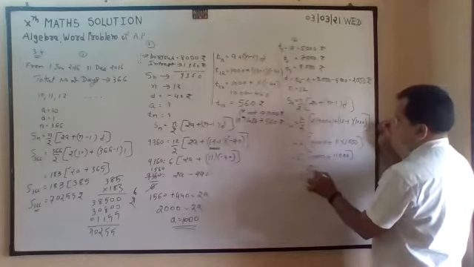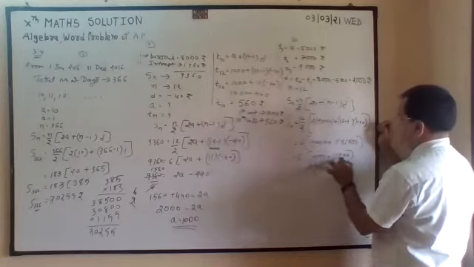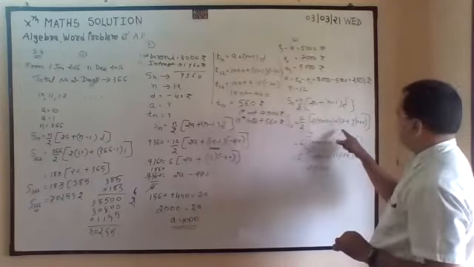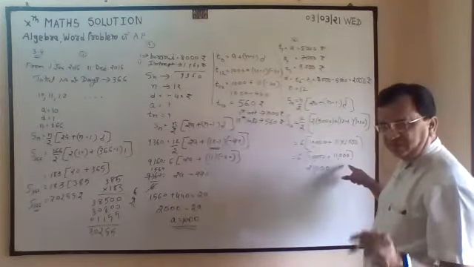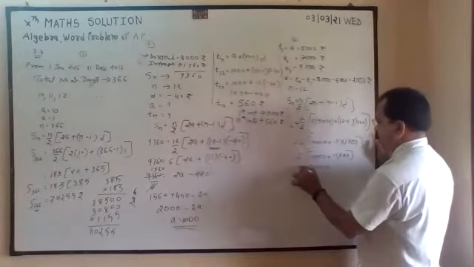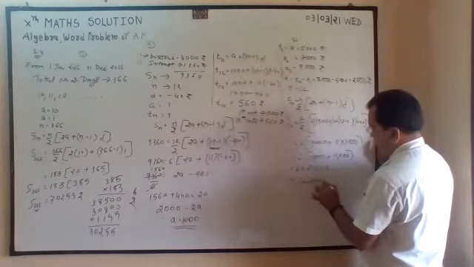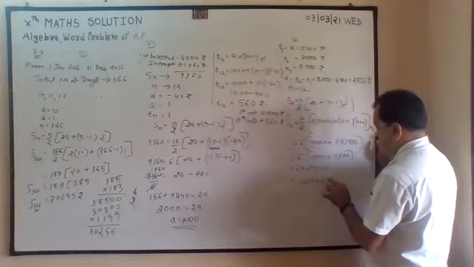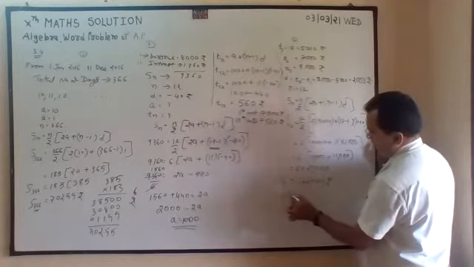So it is 32,000, 6 times that is 1,92,000 rupees total investment.